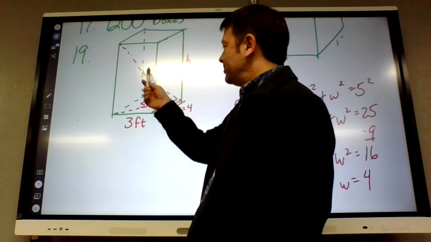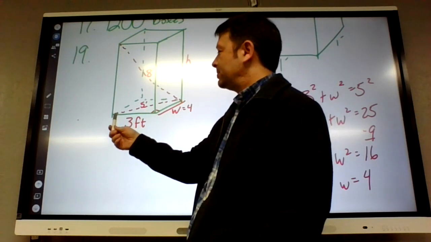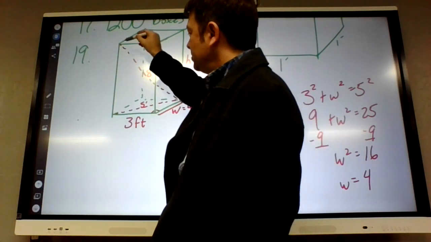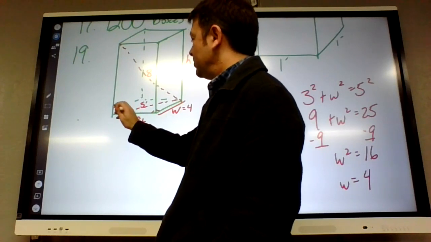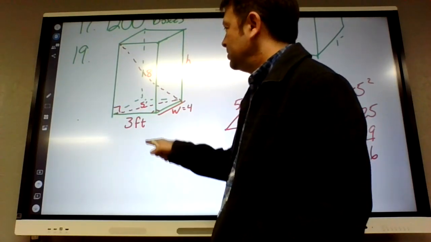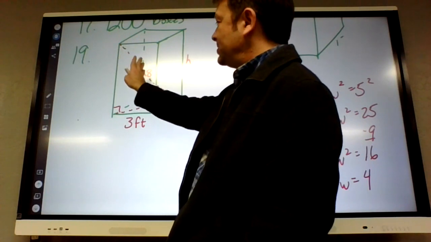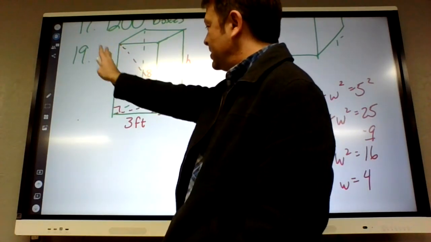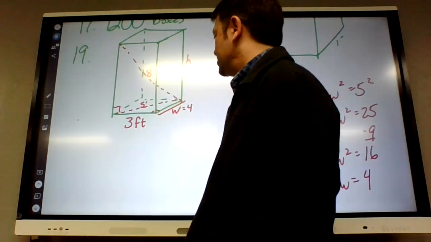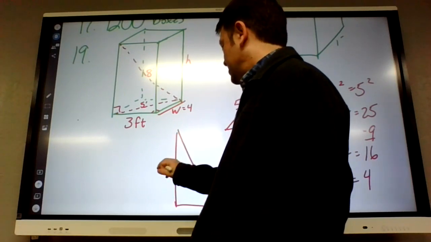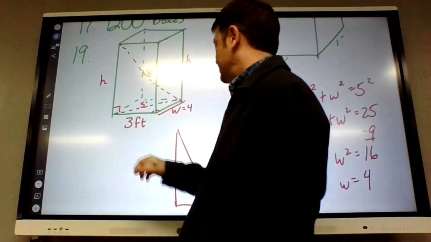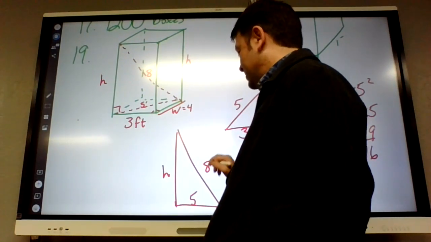Okay, what's being created right here? A triangle. Not just a triangle, a right triangle. So you've got to use your imagination. It's cutting diagonally through the prism. 5 squared plus H squared equals 8 squared. This is the height of the prism. This is 5, this is 8.